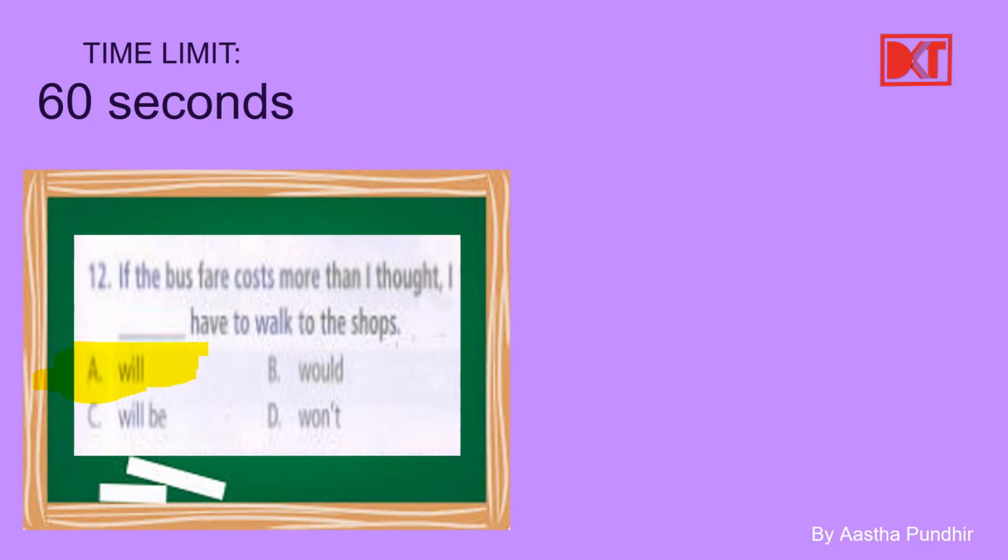If the bus fare costs more than I thought, then this is a condition attached. So what will happen in the future? This person will have to walk. You see the other options like would is not used because we're using will for future, that is always preferable. Then we have will be.